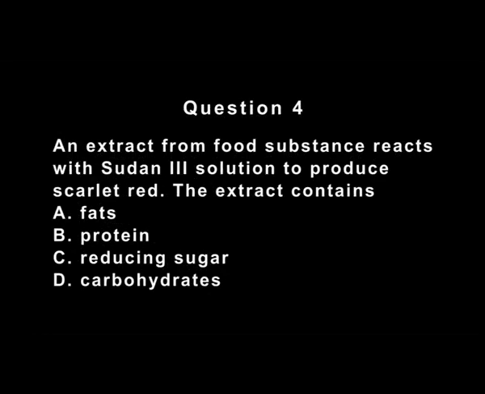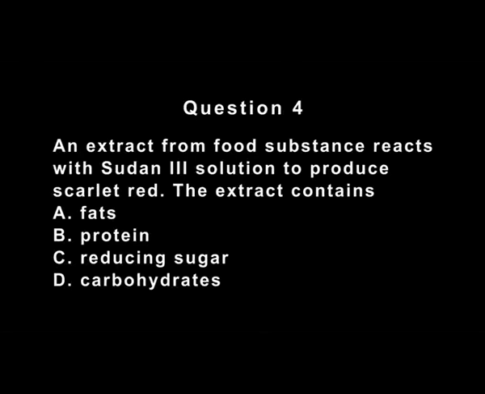Number 4. An extract from a food substance reacts with Sudan 3 solution to produce scarlet red. The extract contains A. Fats, B. Protein, C. Reducing sugar, D. Carbohydrate. Carbohydrate is out of it because it's a general term.